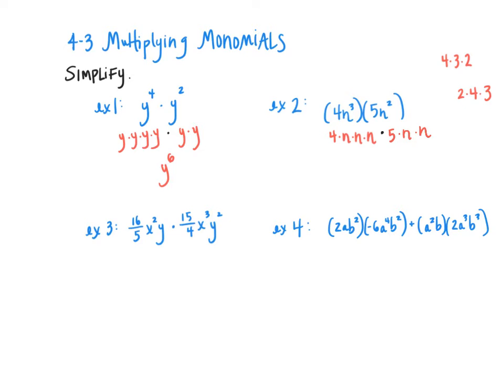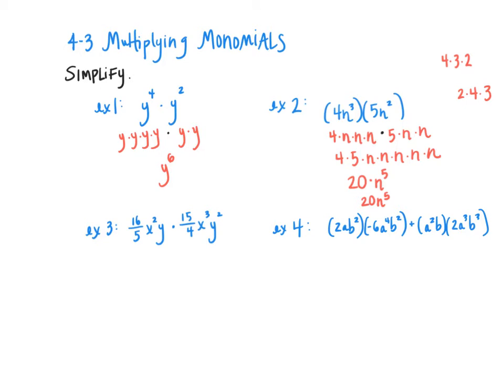If you needed to, you could move the 4 times 5 together, and then the n's, you would have 5 of those. So what is 4 times 5? 20. N times n times n times n times n is n to the 5th. So we would write our final answer 20n to the 5th.